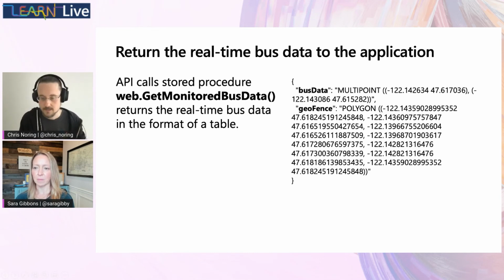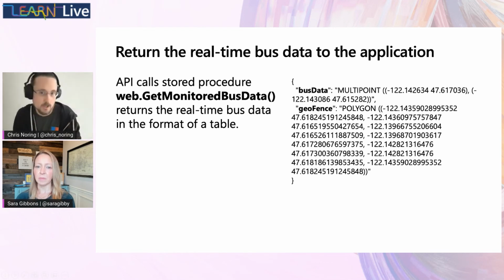So there's the bus data, where the bus is physically at. And then there's the geofence, which essentially, as you were saying before, Sarah, is drawing up that perimeter that tells us, okay, if you're within this perimeter, you're probably going to make the bus if you just go from walking to a light jog at least, right? So yeah, this is the JSON data that will serve the front end.